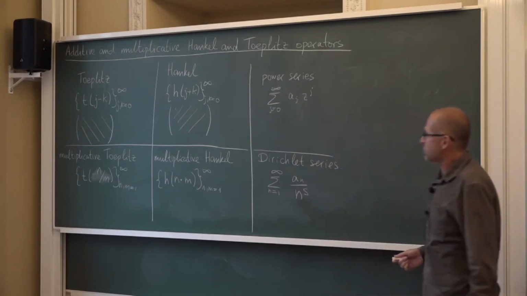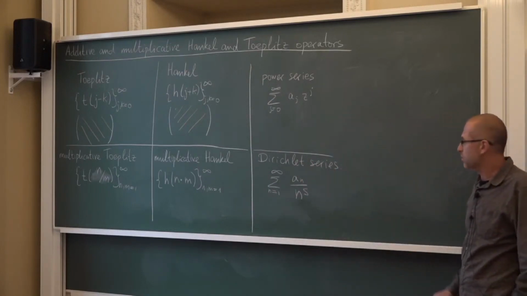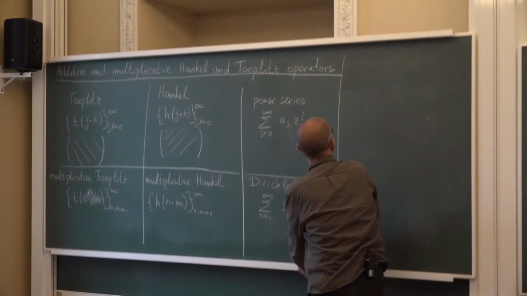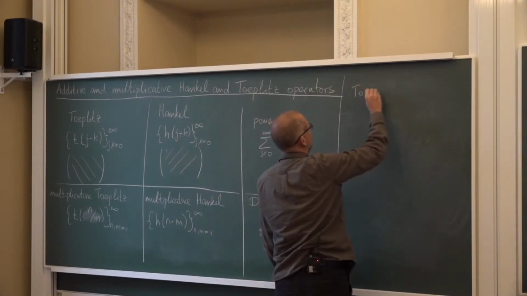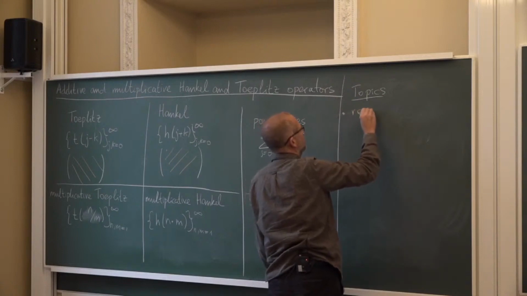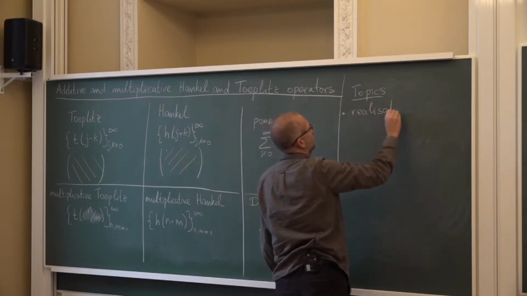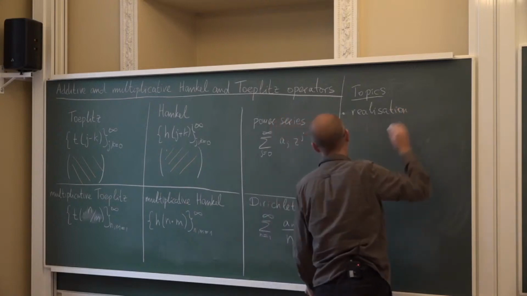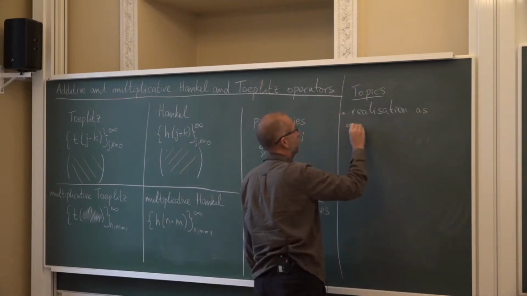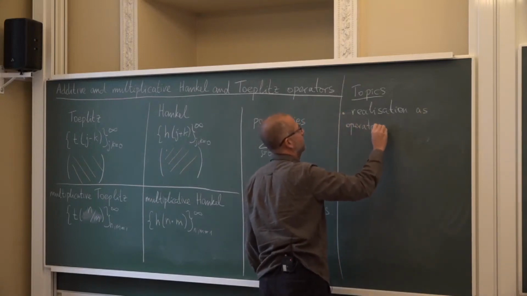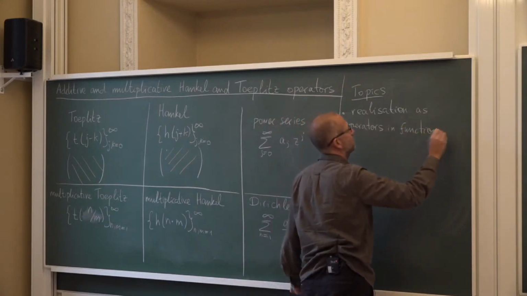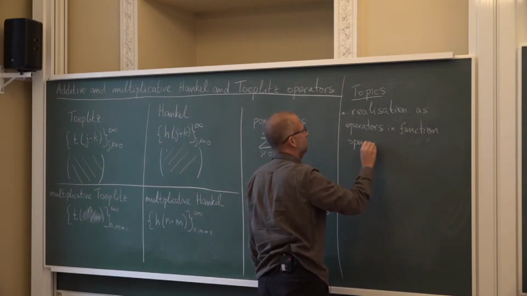Necessarily because of the restriction of time, it will be very sketchy. So the topics I will try to address are the following. I will talk about the realization of these matrices as operators in function spaces.